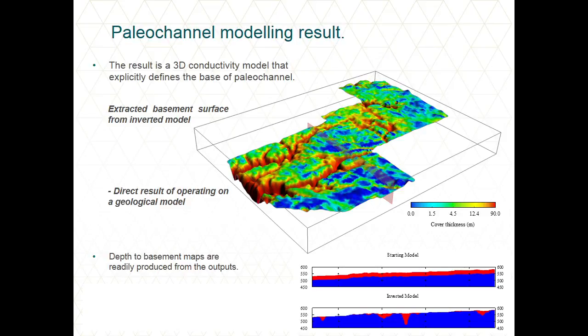So I don't know if that shows that well in the picture, but this is a three-dimensional surface, and if you can see it, these are cuts into that surface. So these are elevation lows or the paleo channels. Right? The cover thickness itself is shown on the scale. So where the cover is deep, it's red. Where the cover is shallow, it's blue. But this is a fairly detailed and very explicit geometric model of the base of the cover solved for directly by inverting that data.